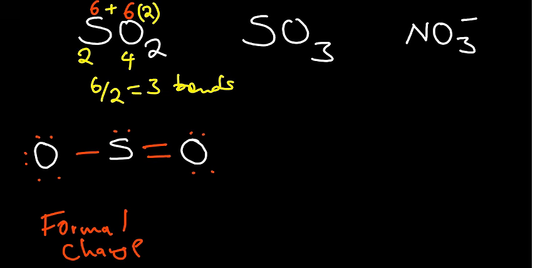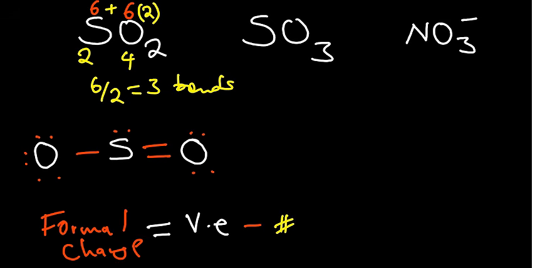So how do you determine the formal charge? A formal charge is the valence electrons of that atom subtract the number of bonds and also the number of lone pair electrons around it. That's the way I simplify it: subtract everything around it.